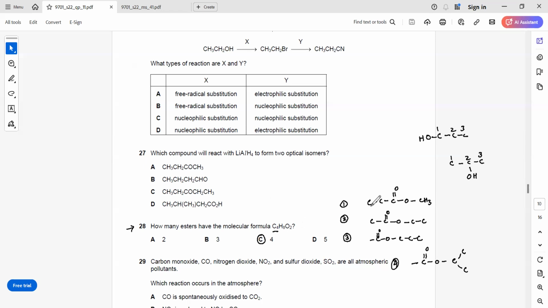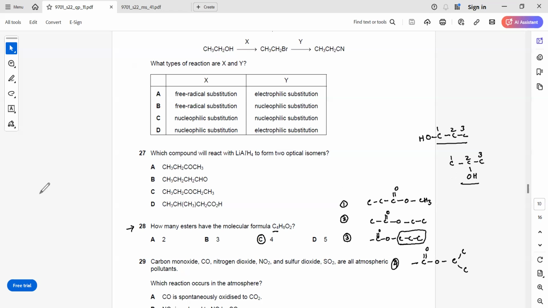Three carbons from acid, one from alcohol; two from acid, two from alcohol; one from acid, three from alcohol. But here, alcohols can be primary or secondary, right? Or tertiary as well. But here we have only three carbons, so only two possibilities, primary and secondary. So that's how we can find out the number of possible isomers.